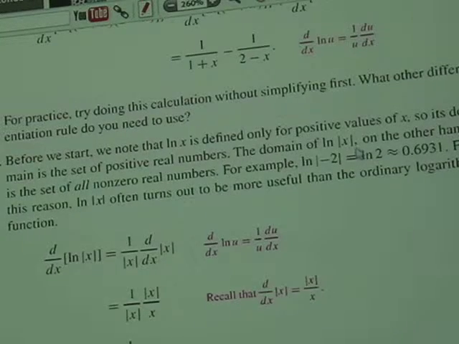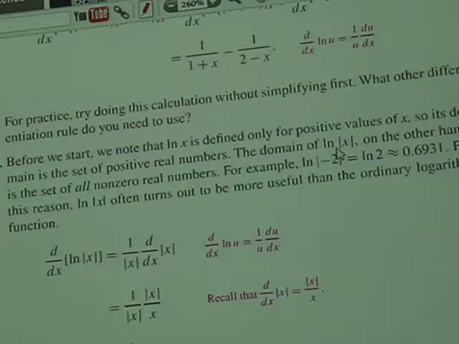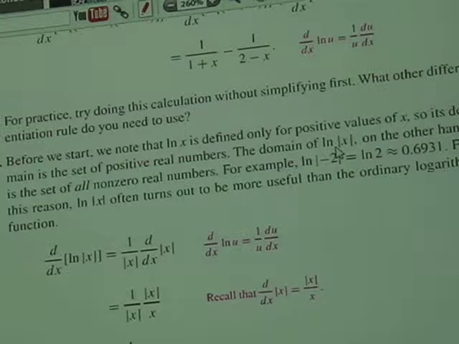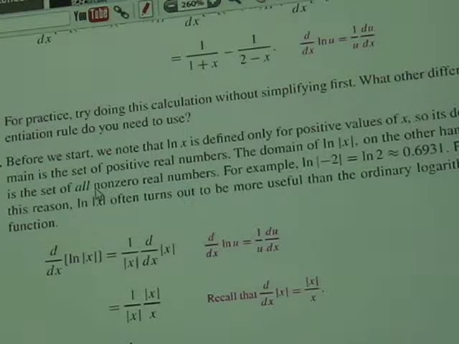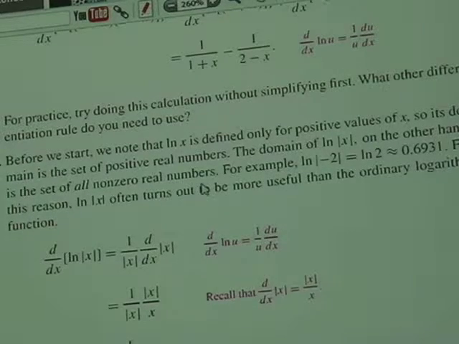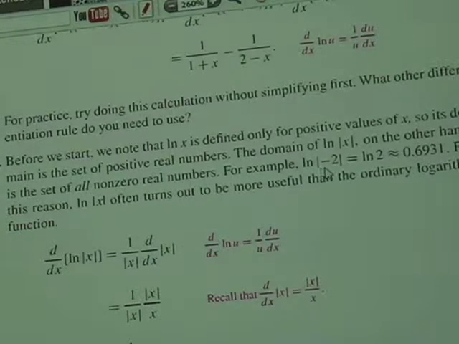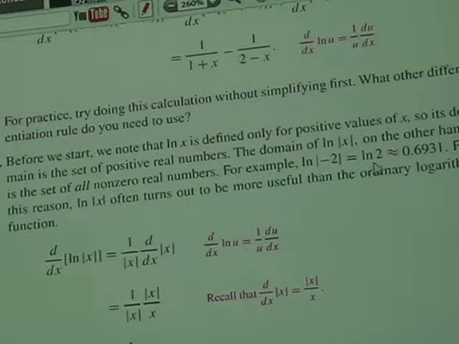So this function's domain is not just the positive numbers. It's the positive and the negative numbers, but not zero. Everyone agree with that? So the domain of ln of absolute value of x is the set of all non-zero real numbers. For example, ln of absolute value of negative 2 is just ln of 2.